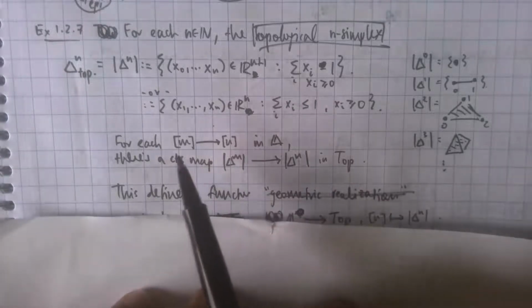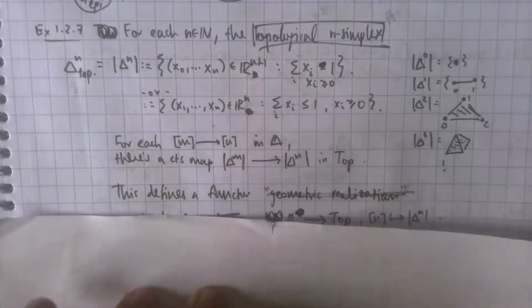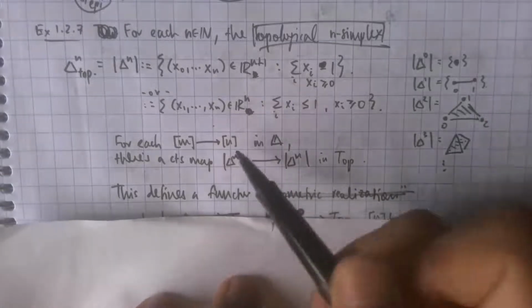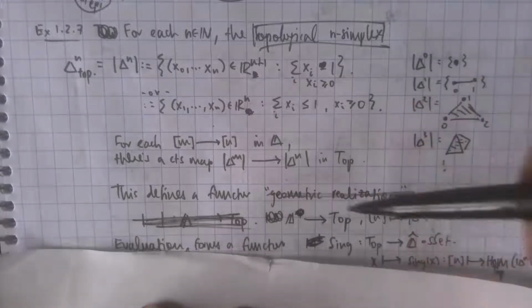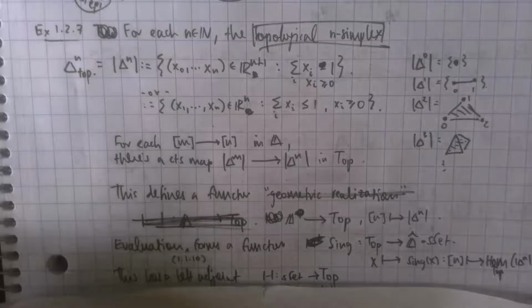And for each map in the simplex category, there's a continuous map between the associated topological simplices. And this defines a functor called geometric realization.